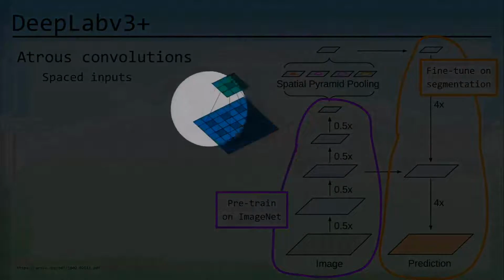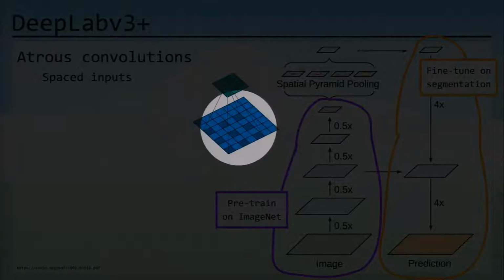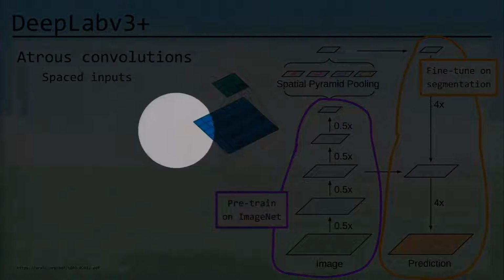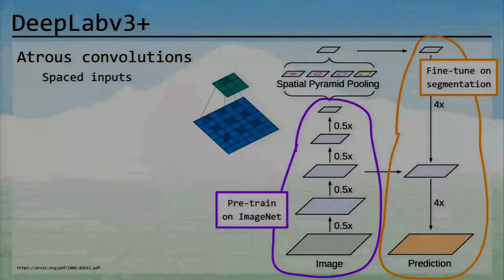And it's easy to see why using this convolution would result in looking at a larger amount of the input image when you produce the output. So this is the equivalent of doing a larger size max pool versus a smaller size max pool. And then we can do this spatial pyramid pooling with just different sized atrous convolutions.